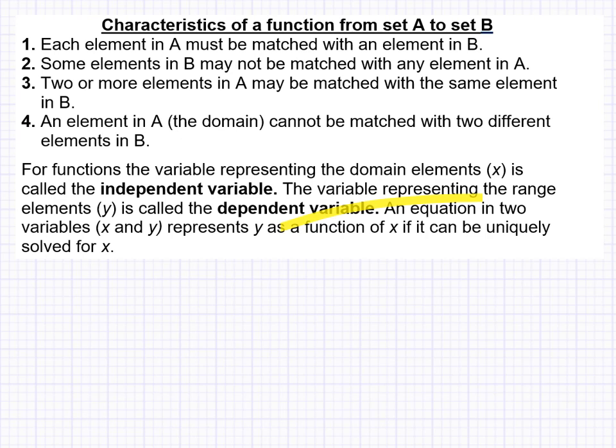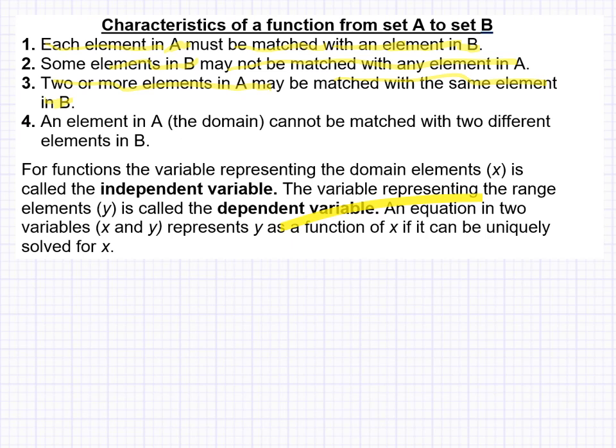Each element in the first set A must be matched with exactly one element in set B. And if it's not matched with an element, then it doesn't end up being a function. Some elements in B don't have to be matched with anything. Totally fine. Two or more elements in A can be matched to the same element in B. Totally fine.